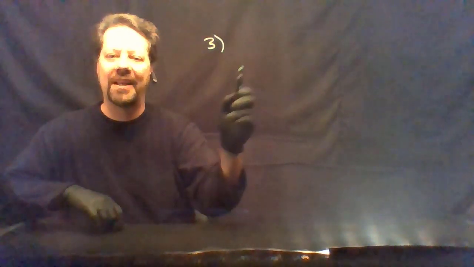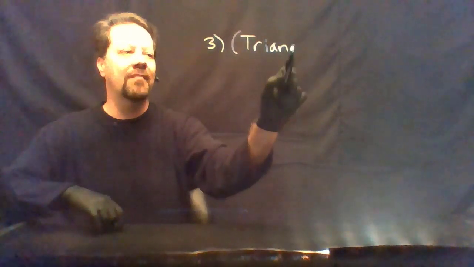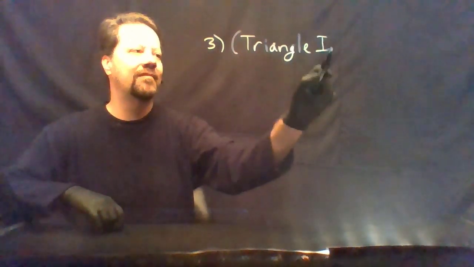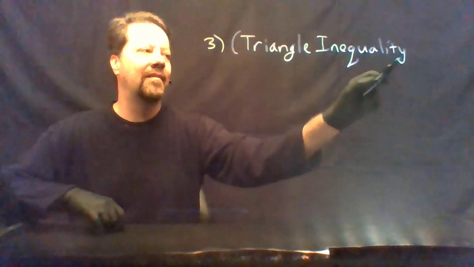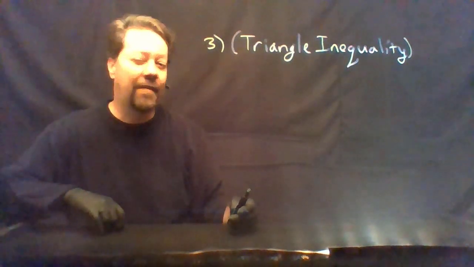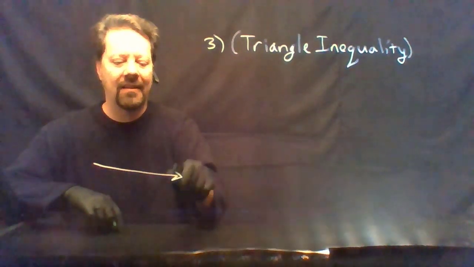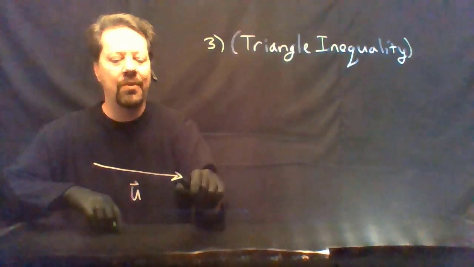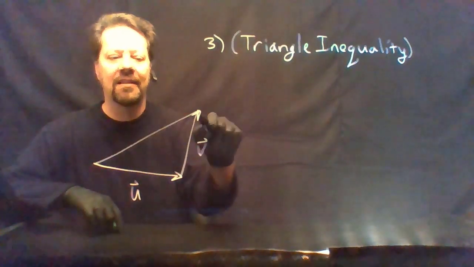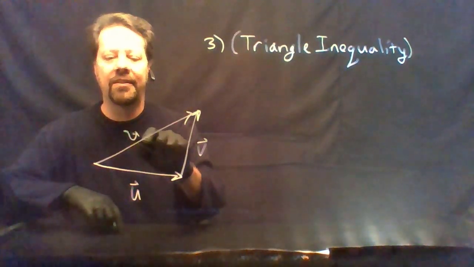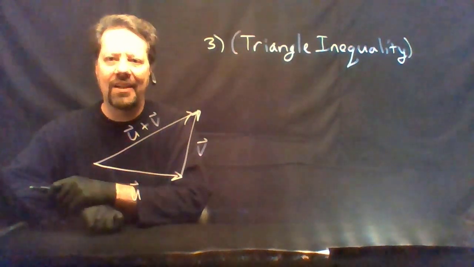The third property we call the triangle inequality. It follows from a principle from high school geometry. Let's suppose we have a vector u, and to this we have a vector v that we can add. This remaining side is the vector u plus v. These vectors form a triangle.